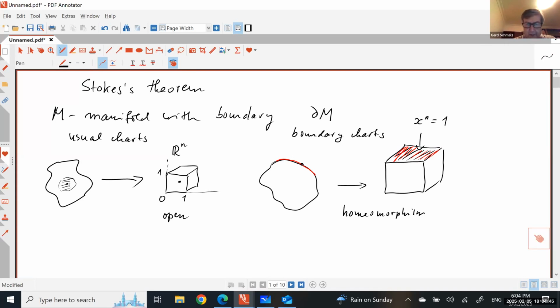So all points which belong to a boundary chart and which map to this piece of the boundary here, x_n equal to 1, this face of that n-dimensional cube, which of course becomes n-1 dimensional, we call these the boundary points.